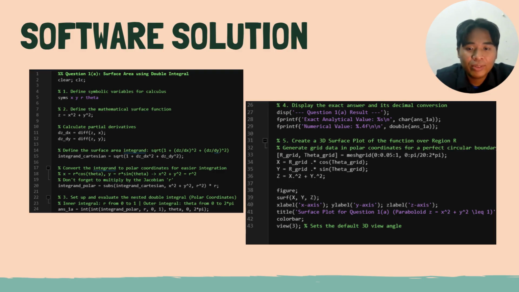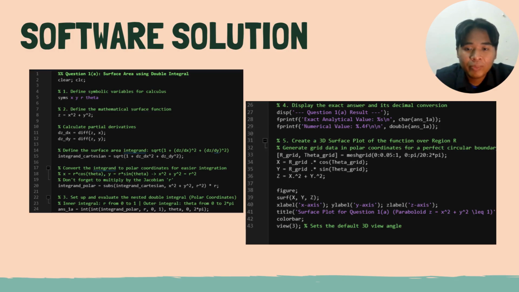In line 5, the syms command creates symbolic variables. We use symbolic variables because MATLAB needs them to perform the differentiation and integration analytically instead of numerical calculation. So the variables are x and y for Cartesian coordinates, r and theta for the polar coordinates.